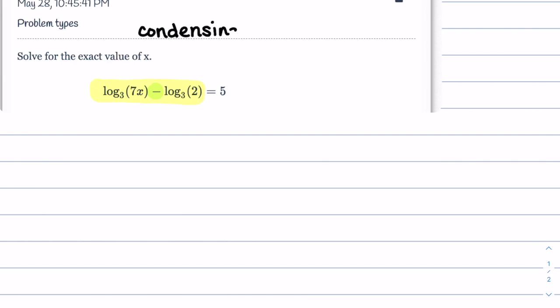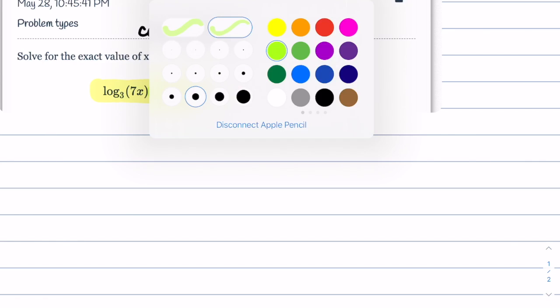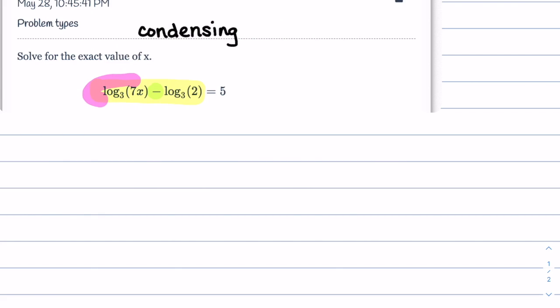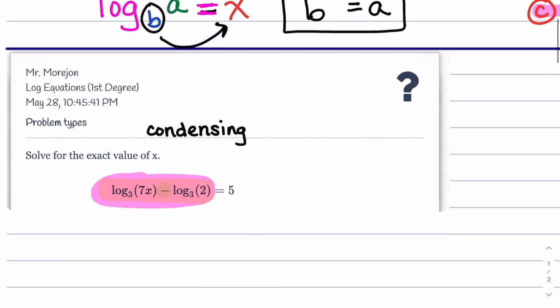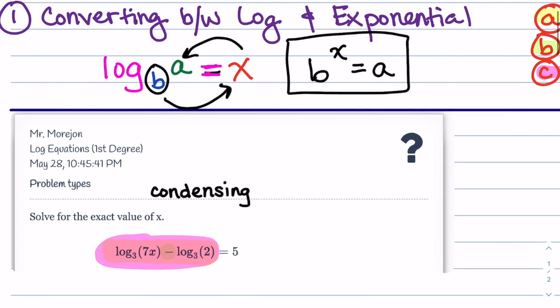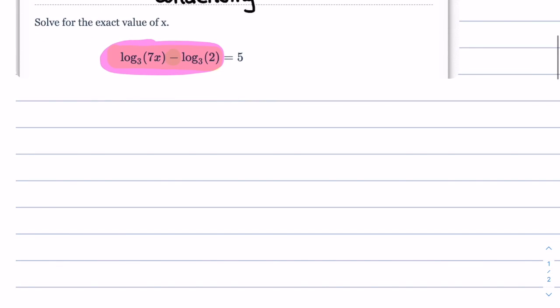And this is exactly why we learned it. Because in this scenario, it's really difficult to work with two separate logs being subtracted. But if we take this whole expression right here and turn it into one logarithm, then we can easily apply this conversion property right here, and then it'll be much easier to solve.